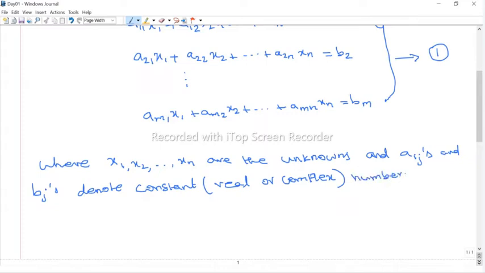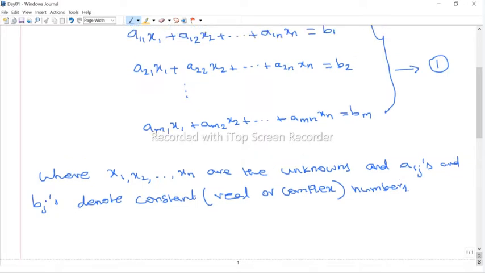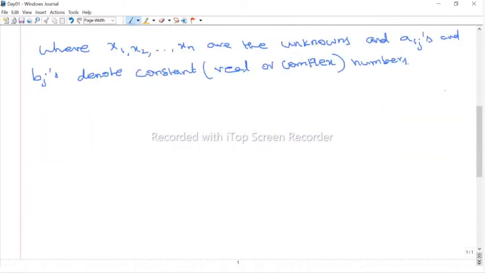Now what do we mean by a solution of equation number 1? It means a set of n-tuples s1, s2, etc., sn that satisfy all the equations simultaneously. Such an n-tuple is called a solution. A solution is an n-tuple, that is, a sequence of numbers s1, s2, etc., sn.